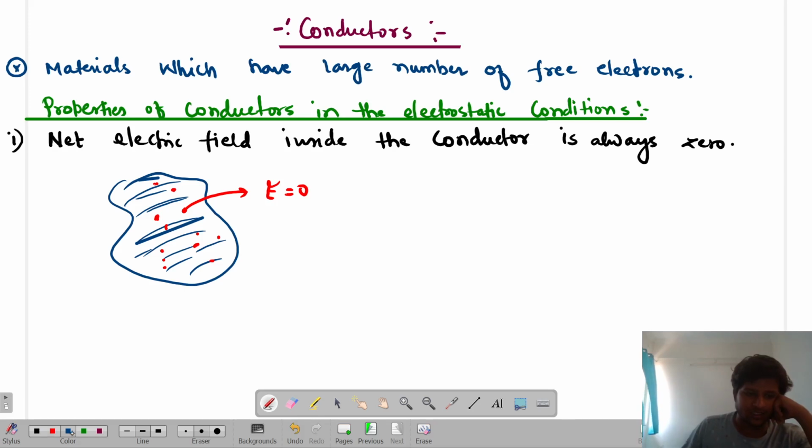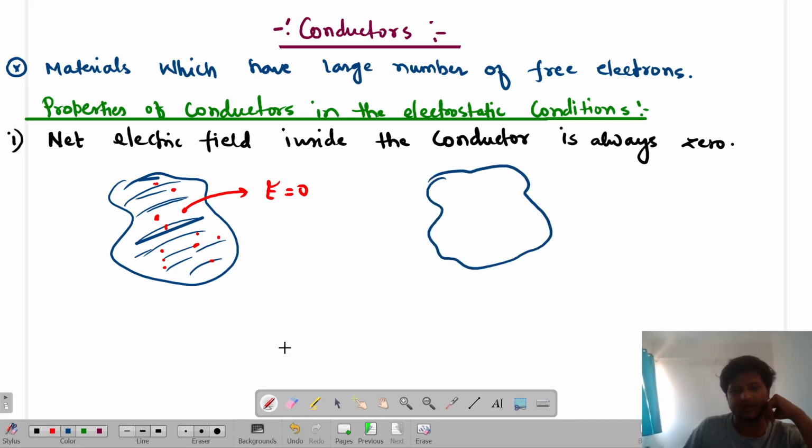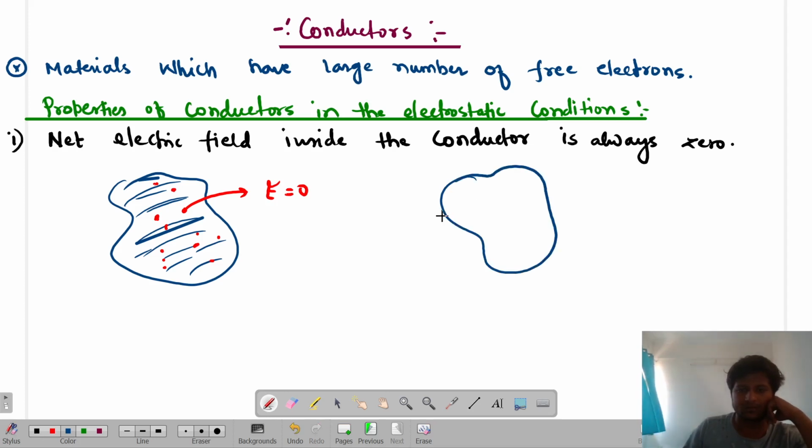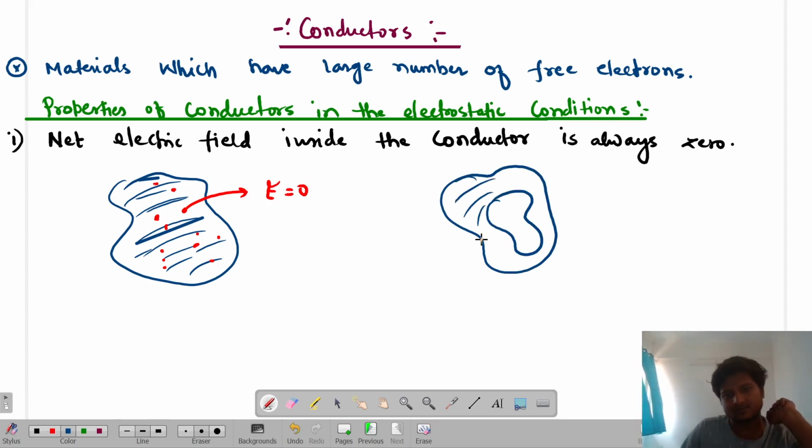But if I have the arbitrarily shaped conductor, wait one minute, sorry, and in it some kind of a cavity is made, then definitely over here in this region the electric field is basically how much?